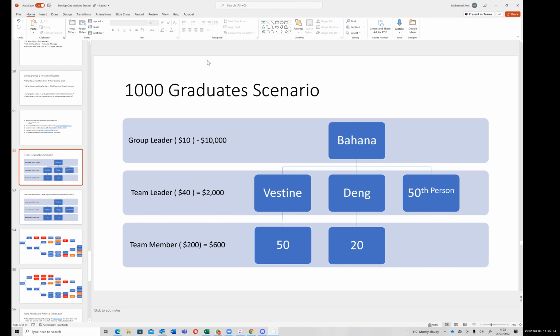But we need to get started with the first model, the first batch. By the time a team member wants to become a team leader, we might have figured out a solution. That's a very interesting thing.